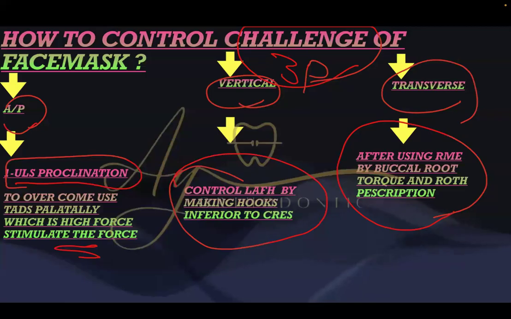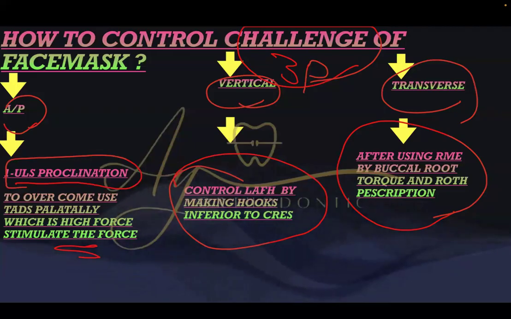So I need to contain all of this by doing buccal root torque, so it will counteract the buccal flaring. It will make the root more buccal and the crown a little bit palatal, okay? Or using the Roth prescription, okay?